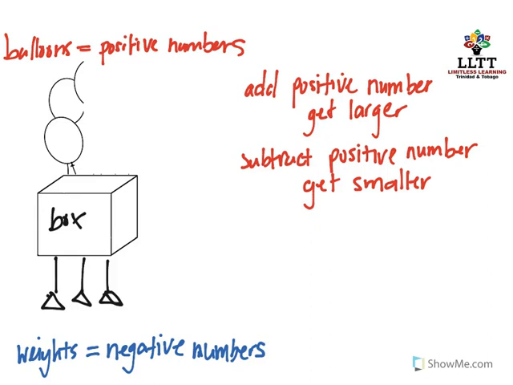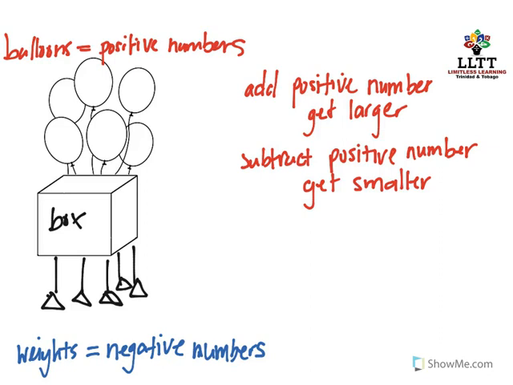Our result is smaller. What about when we're talking about our weights, which are negative numbers? So the more weights I add to this box, the heavier the box becomes. So the more weights I add, the heavier it becomes, and it gets pulled downwards.